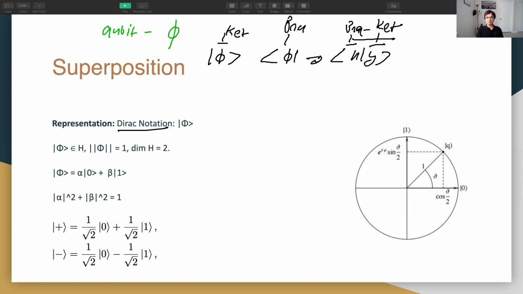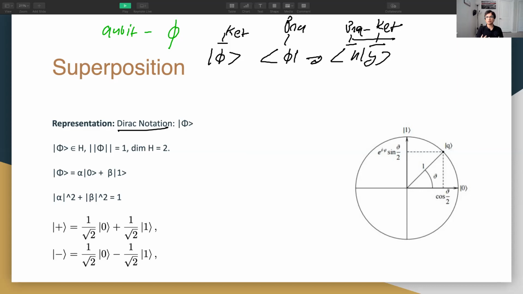And to give a more mathematical definition, a qubit is a unitary vector in a two-dimensional Hilbert space. First, what I mean by Hilbert space: I'm not going to go over the detailed explanation, but to give you some intuition, a Hilbert space is a linear space over some field with a dot or inner product.